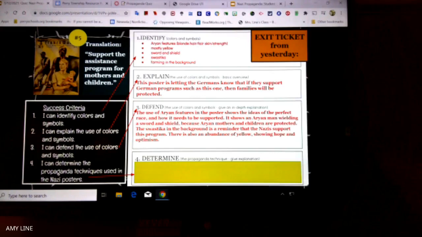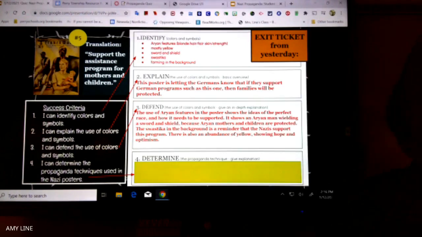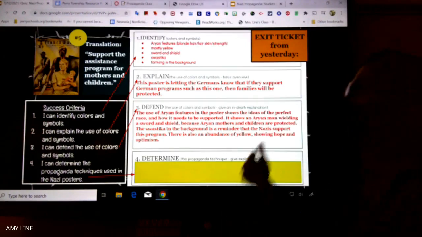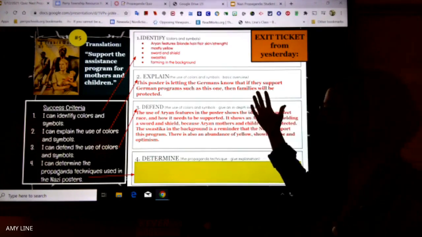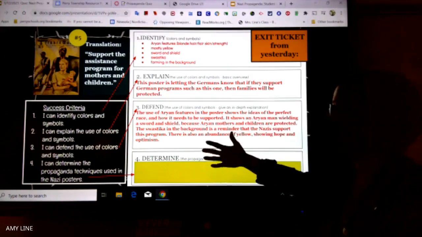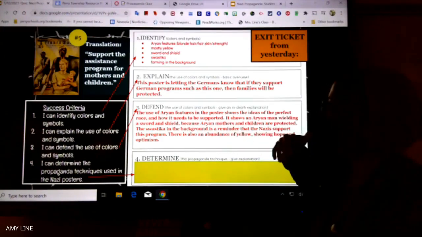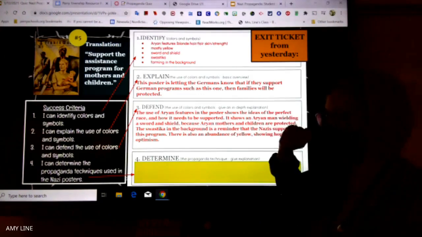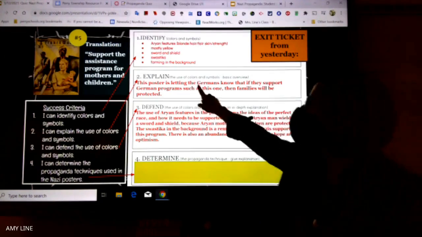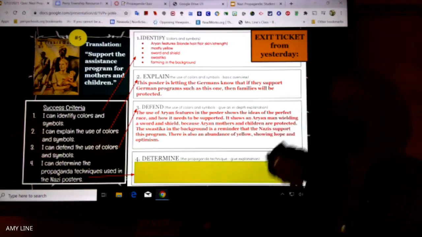Then number 2 is when you explain. You just give a brief explanation of those colors and symbols. So, Timothy, can you read what I wrote there for the explain?